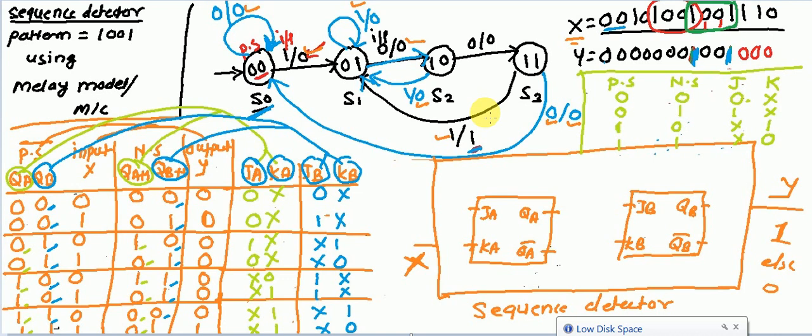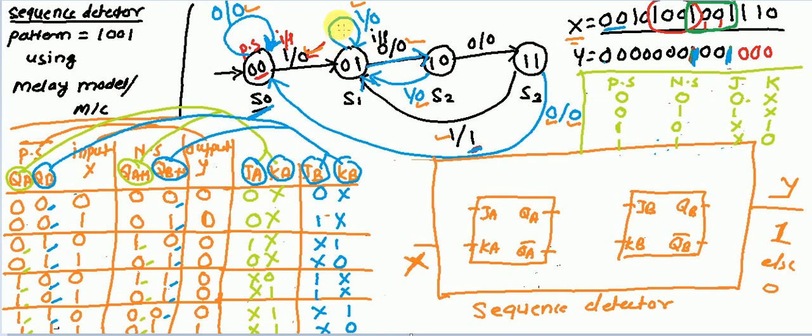Now I want to explain each state with input 1. Initial state is 00. 00 with input 1 reaching to 01 and generating the output 0. 01 state with input 1 reaching to 01.